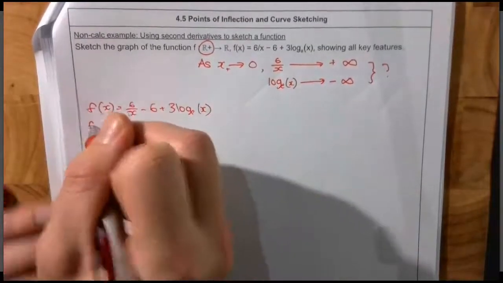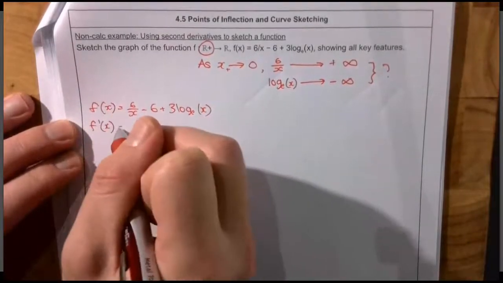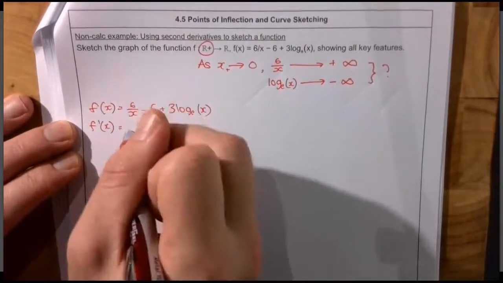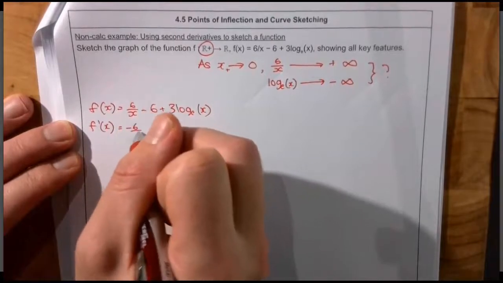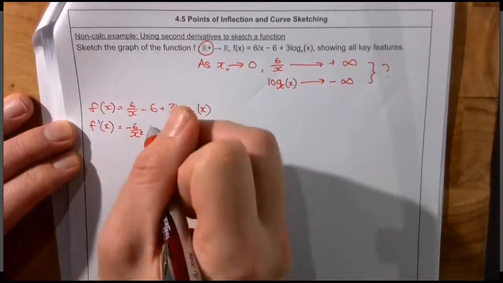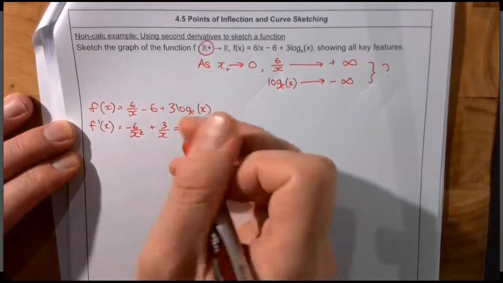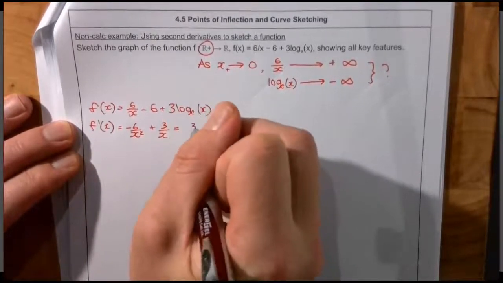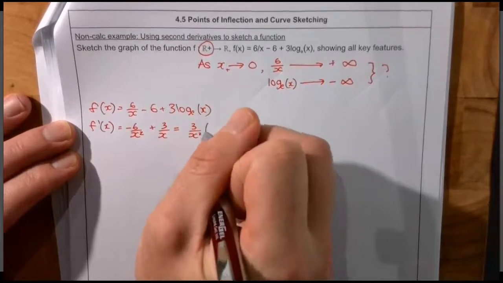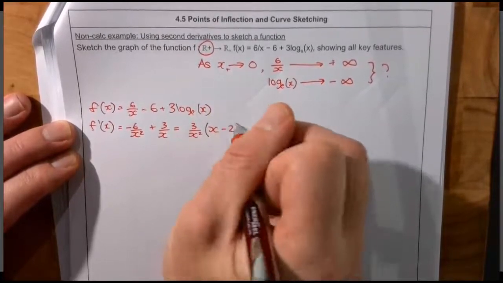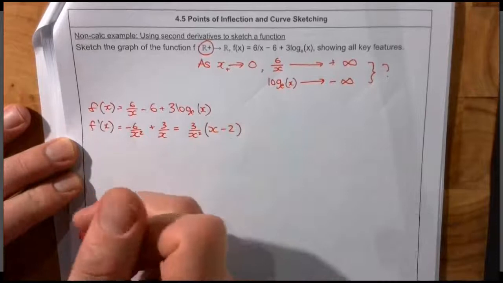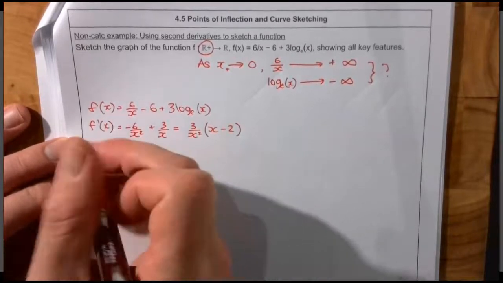And I'm just going to differentiate it twice because I know I'm going to need both of these. So f dash of x is minus 6 over x squared plus 3 over x, or in other words, factorized, 3 over x squared times x minus 2. And that useful form there is going to help us identify the stationary points.